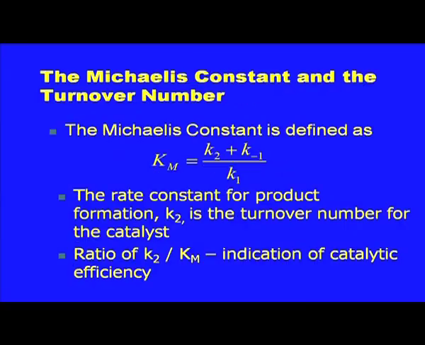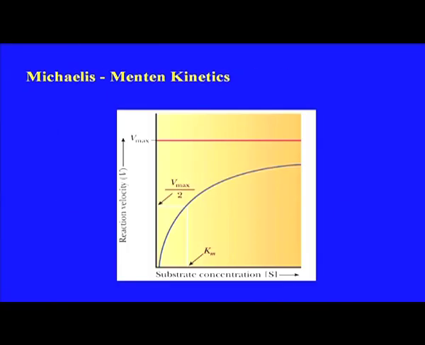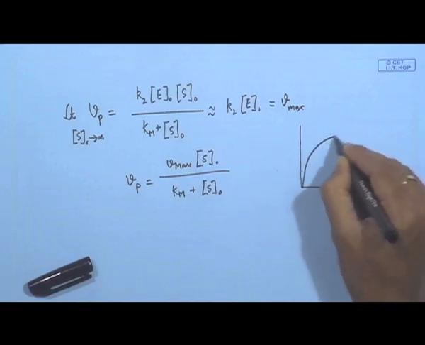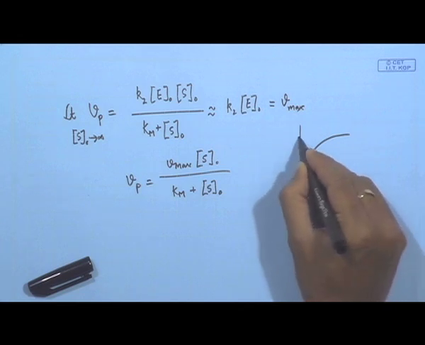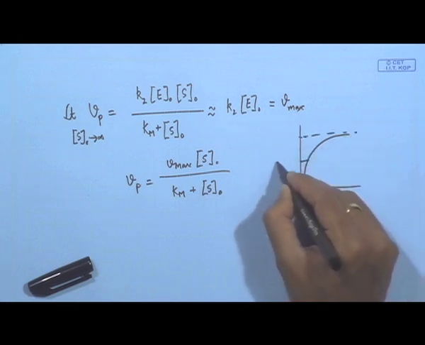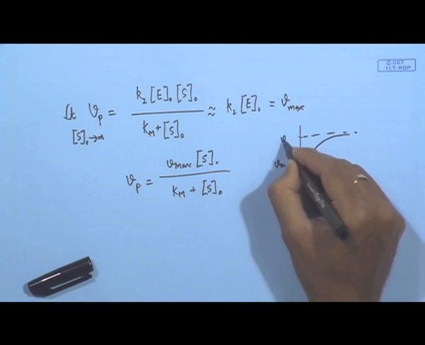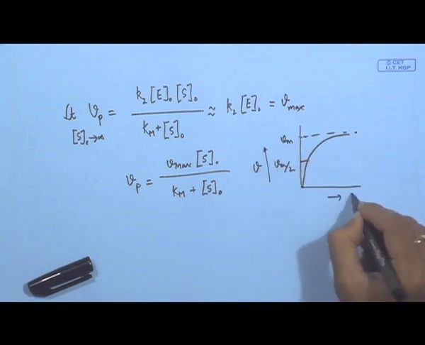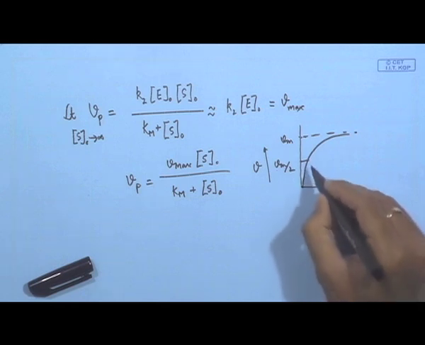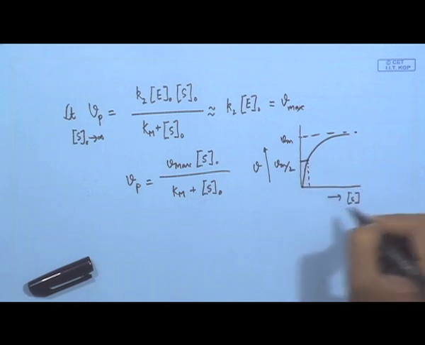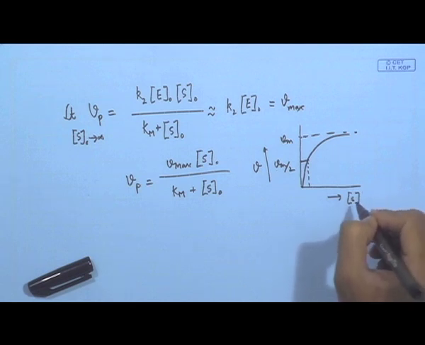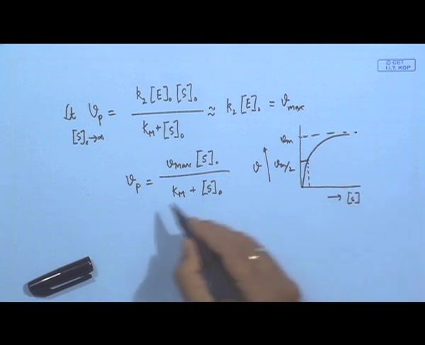Therefore, why has the half height been taken like this? So, this is your half height, Vmax by 2, where Vmax is the maximum velocity, this axis is the velocity and this is the substrate concentration. If you put V equal to Vmax by 2, then what happens?